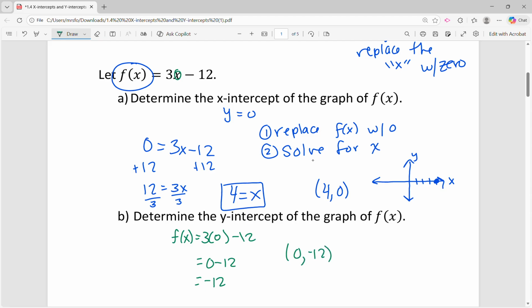So this right here is my y-intercept. So I'd go 2, 3, 4, 5, 6, 7, 8. So it's actually going to be much steeper than that. So this would be our line. And if you graphed 3x minus 12 in Desmos, you would see that.